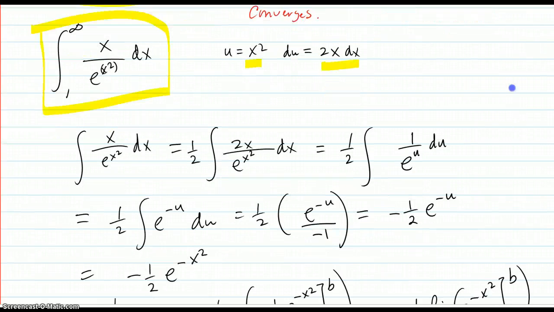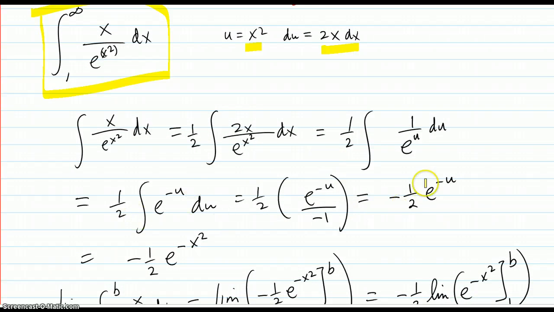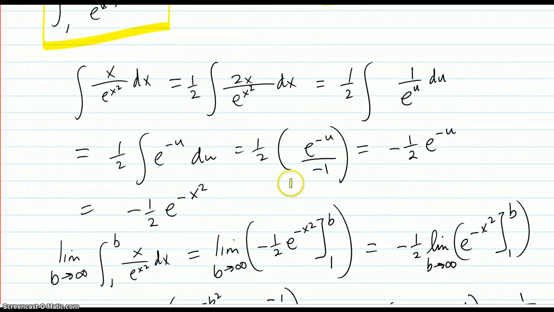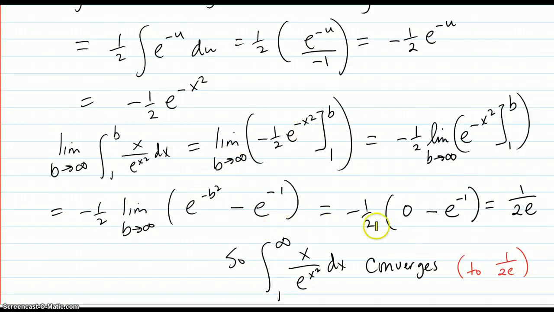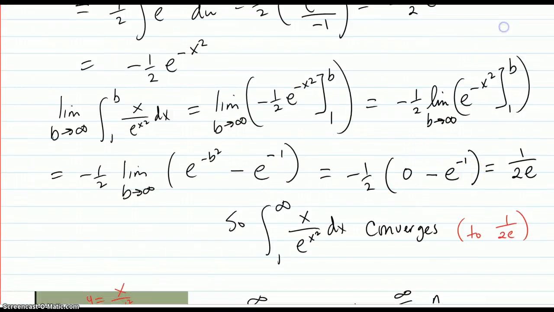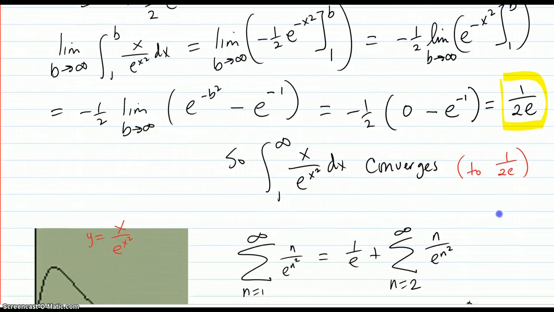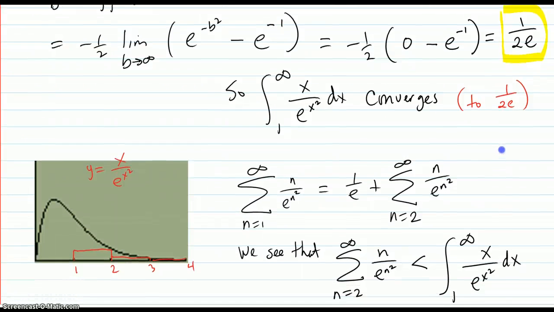So we do that, come down to here, work out just the integral part, follow these steps with the b limit, and sure enough, the whole integral converges to 1 divided by 2e. Okay, so it converges.